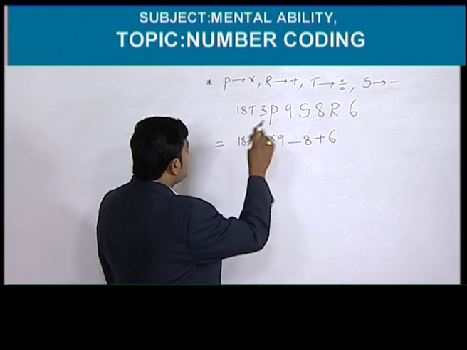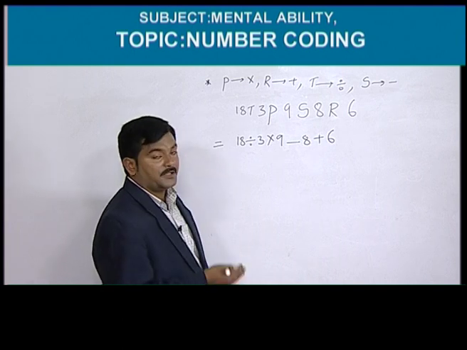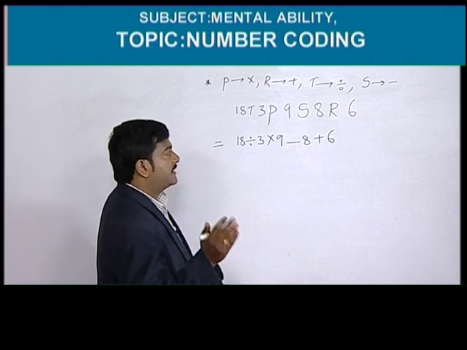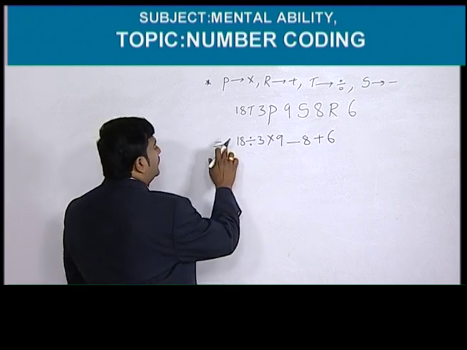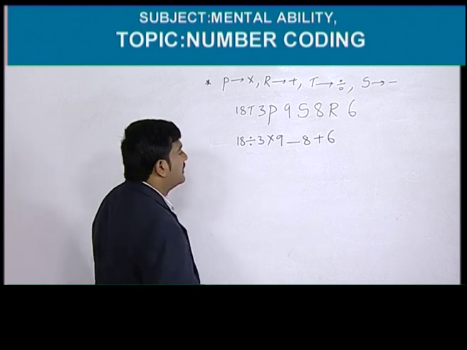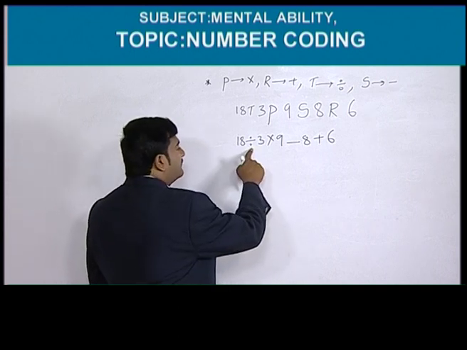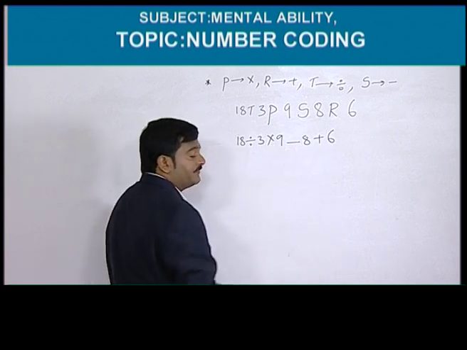Simply, he has only given P means into, R means plus, T means divided by, S means minus, and so on. So now we will find this value. I already told you, you have to simplify by using the BODMAS rule concept. So first you have to simplify divided by, then multiplication, then addition, finally subtraction.